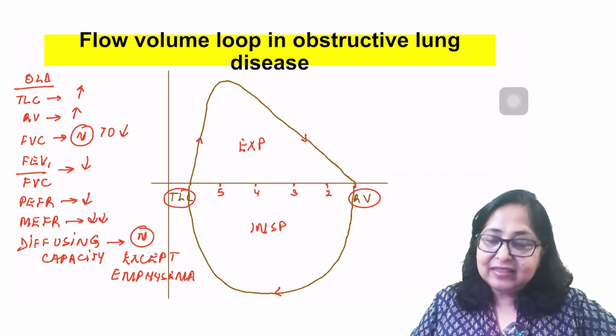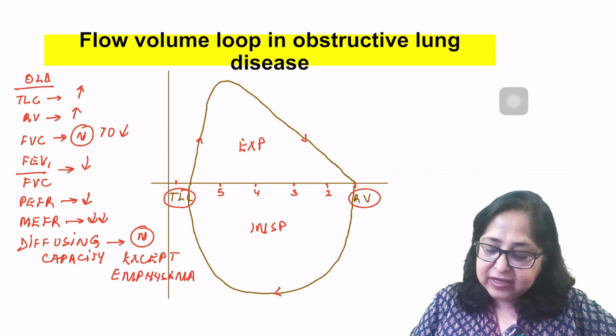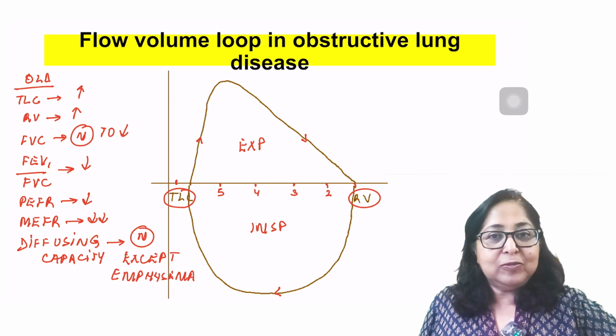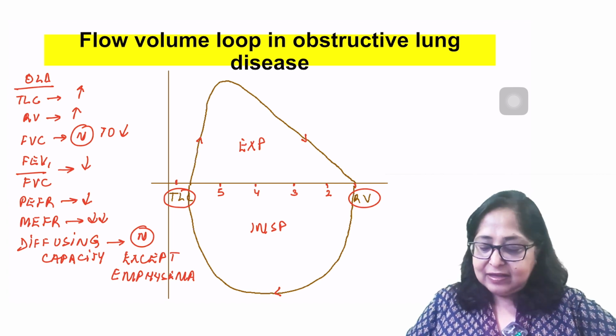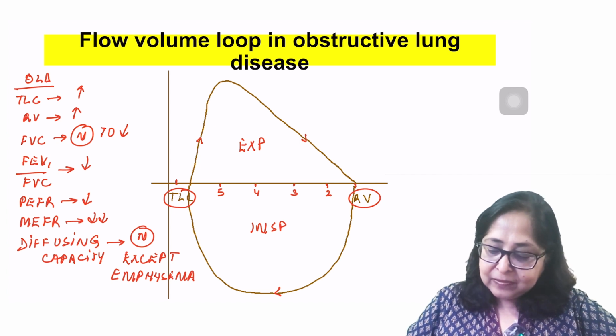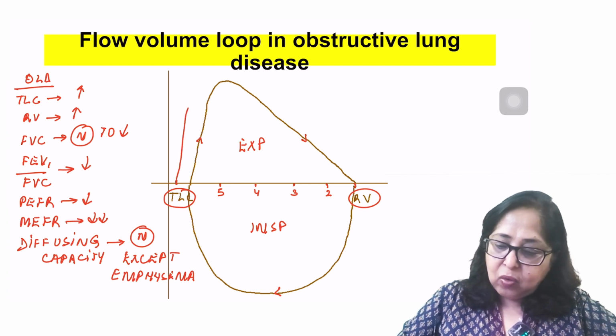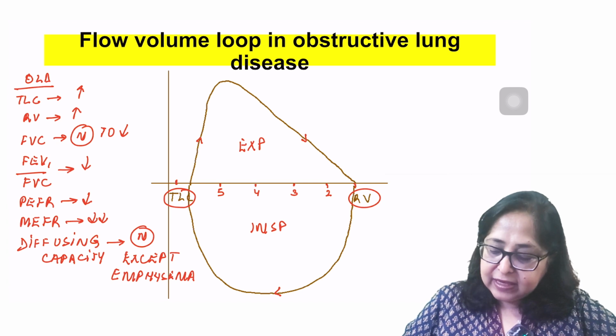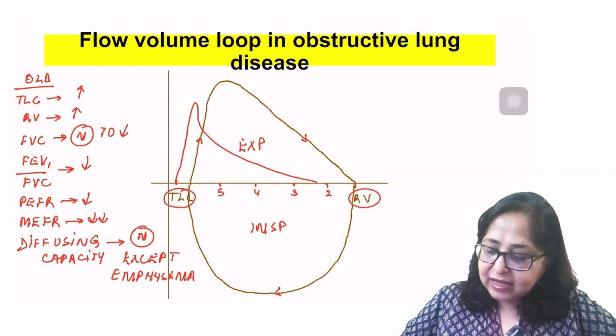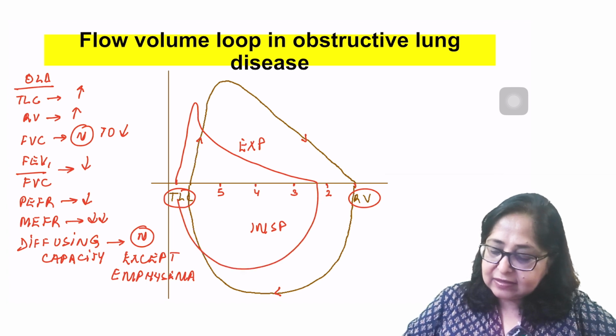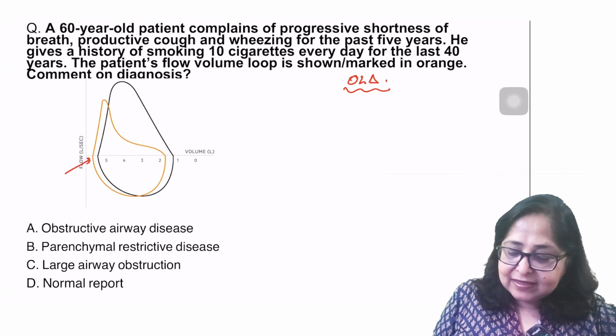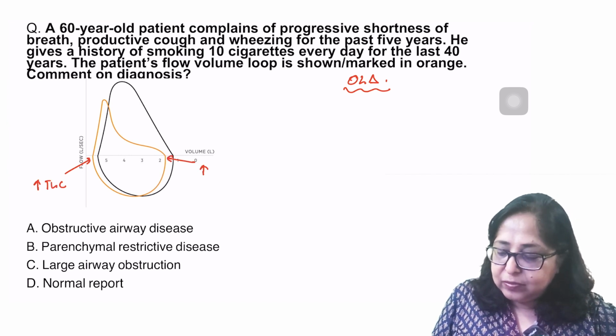Now, if I say that the total lung capacity has increased in obstructive lung disease, so this will be to the left of normal. Now, we record the flow volume loop in the case of this patient, and what do we get? We get something like this. Total lung capacity is increased. Residual volume is increased.